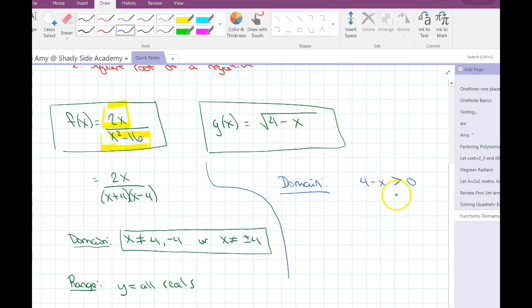When I solve this inequality, x has to be less than or equal to 4, and this is my domain.